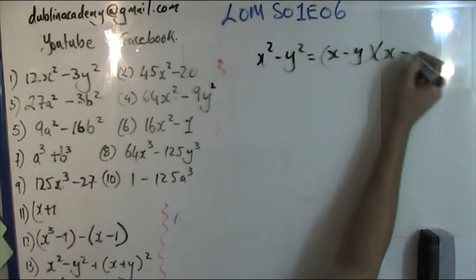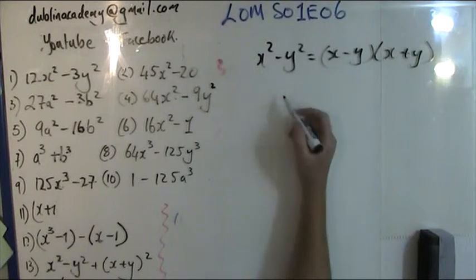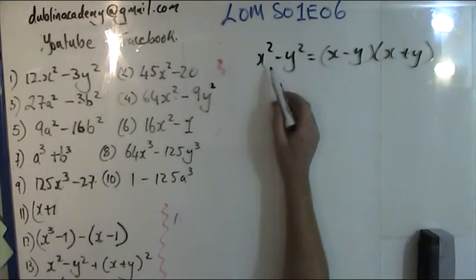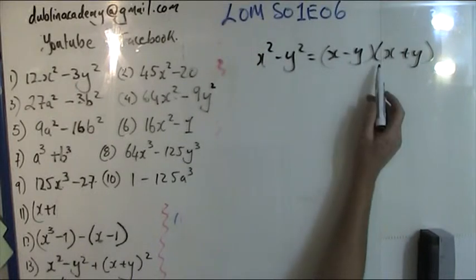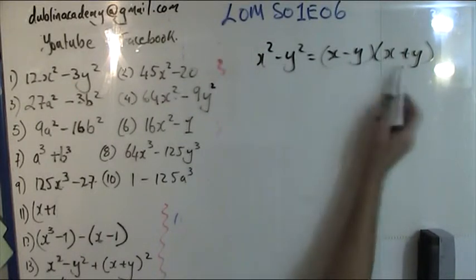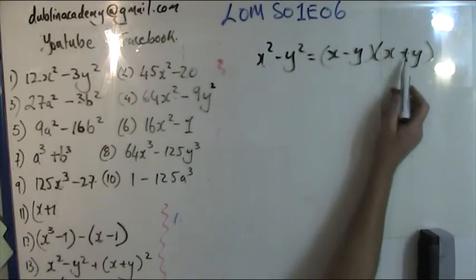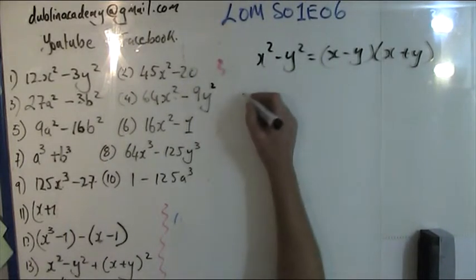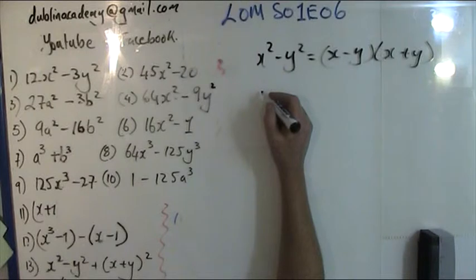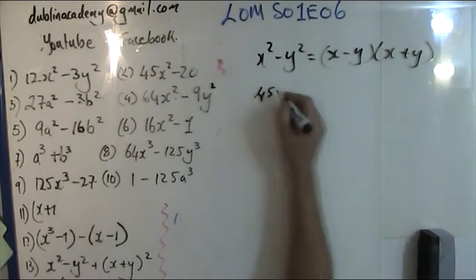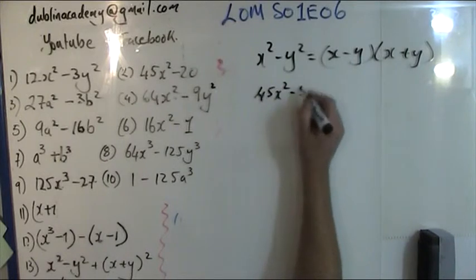So what does that mean to you? It means that if I have any similar factors, squares, I can factorize it out like this. It's the first term minus the second term times the first term plus the second term. For example, say we have 45x squared minus 5y squared.